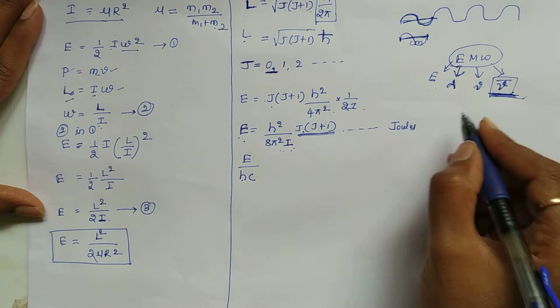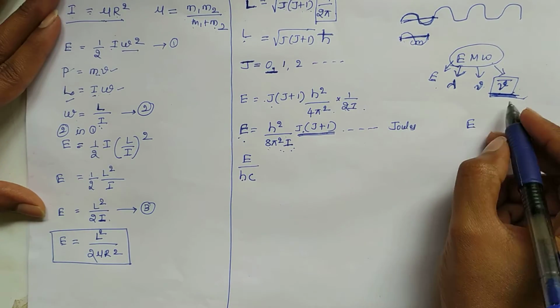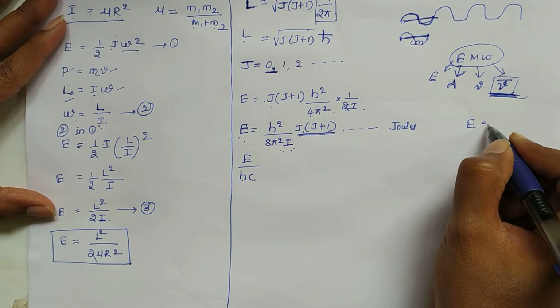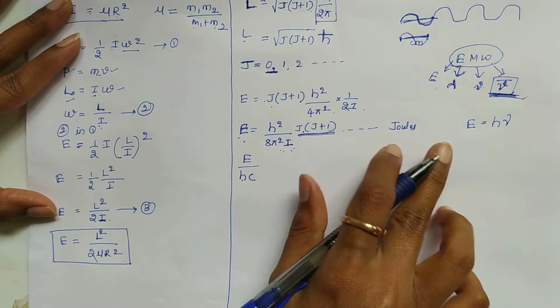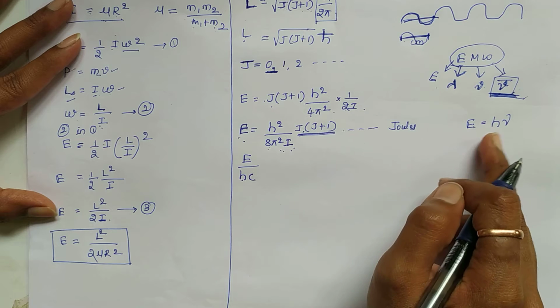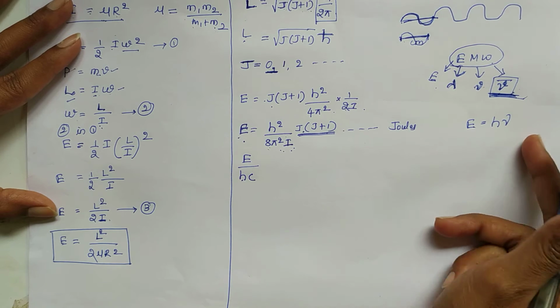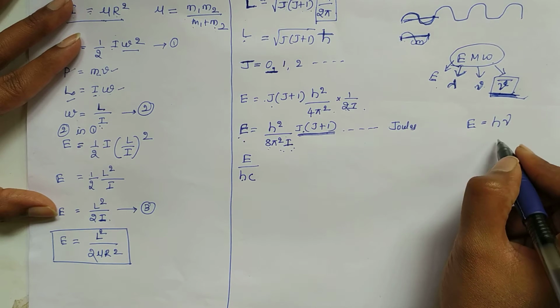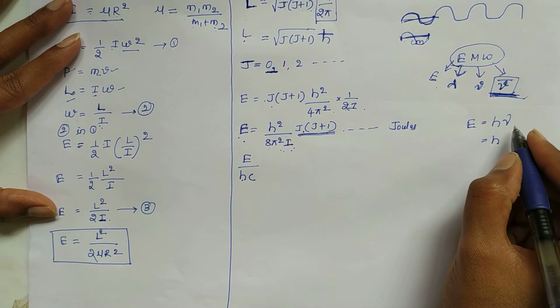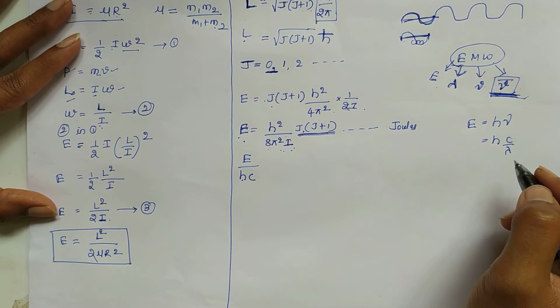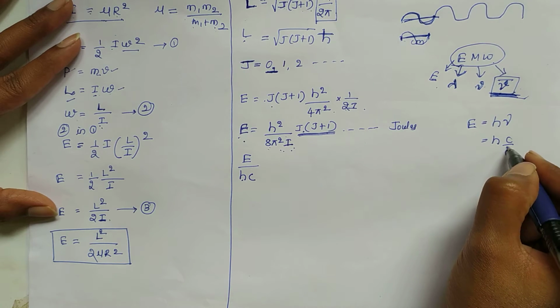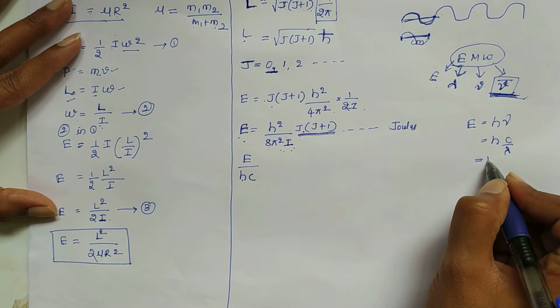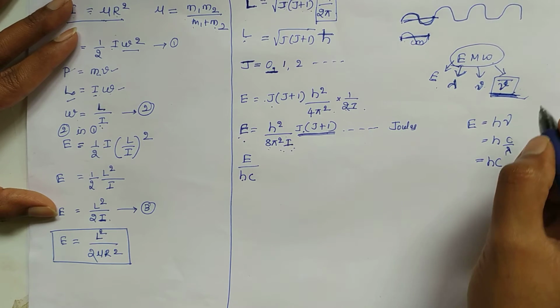How? From the basic Einstein's equation, E is equal to h nu, where E is the energy, h is Planck's constant, and nu is the frequency. And this frequency we can write as c by lambda. So nu is equal to c by lambda, and here h into c into 1 by lambda is there.